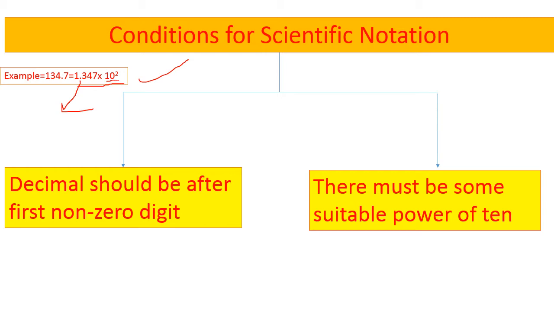So there are two conditions for writing a number in scientific notation, and these two conditions should be fulfilled.